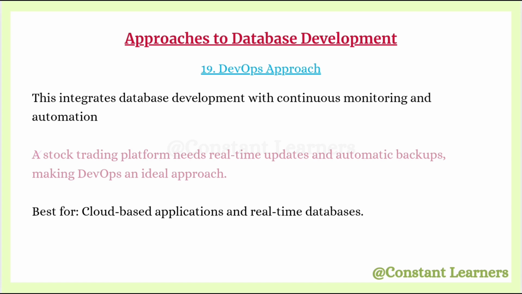Now, if you are using this from an exam point of view, then it is important that you remember the names of at least 12 to 13 approaches. Then, depending upon for how many marks the question is, you need to explain 2 or 4 or 6 approaches in detail, and for the rest of the approaches you need to just write the names, right?